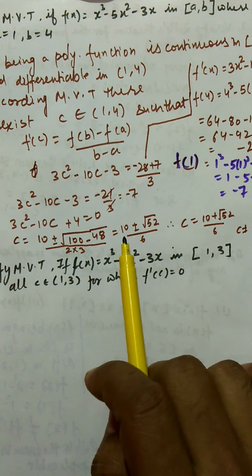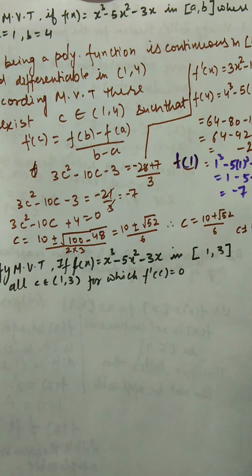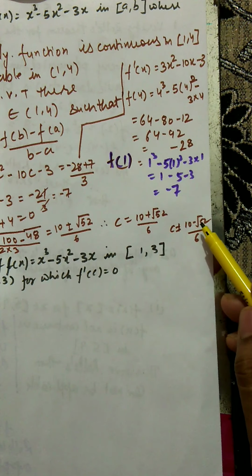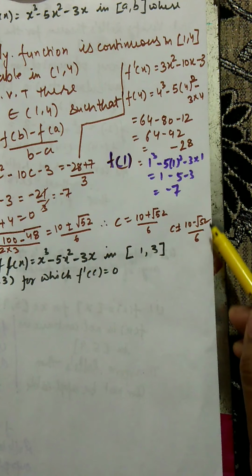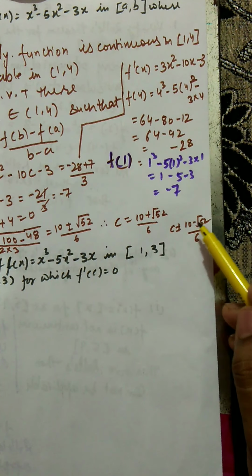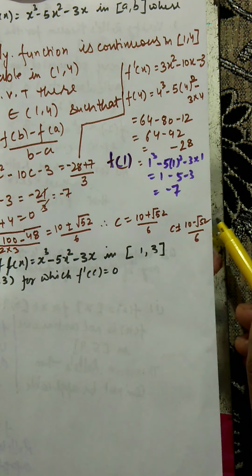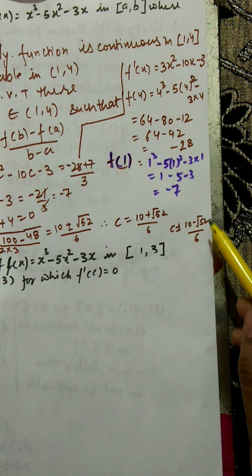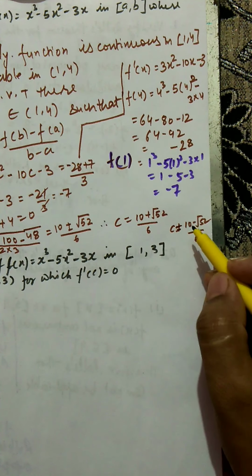So there are two values: (10 + √52)/6, and the second value is (10 − √52)/6. This value is going to be less than 1. Why 1? Because √52 is approximately 7 point something, so 10 minus 7 point something is 2 point something, divided by 6. So this answer is less than 1, and our interval is from 1 to 4.